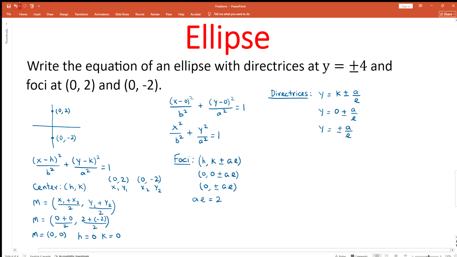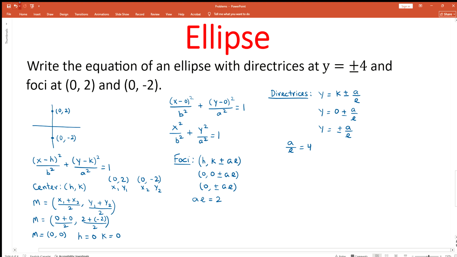We are given the equation of directrices as y equals ± 4. That means a over e is equal to 4. This is the second equation we get for a and e.